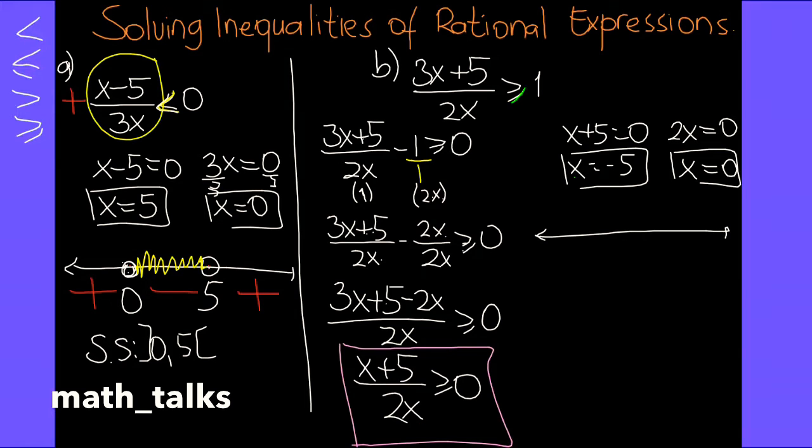So when you set the points on the number line, the 0 will be empty and negative 5 will be filled. Now, let's give them some signs.